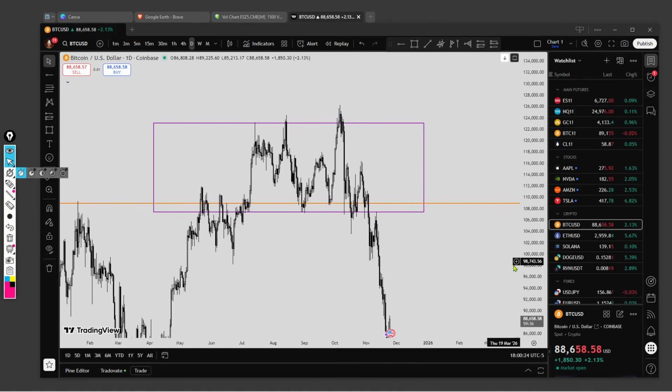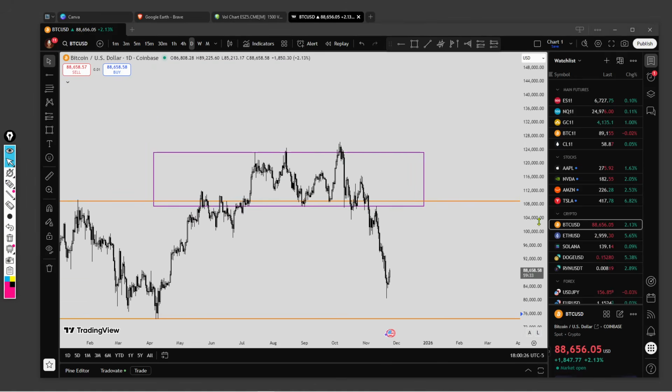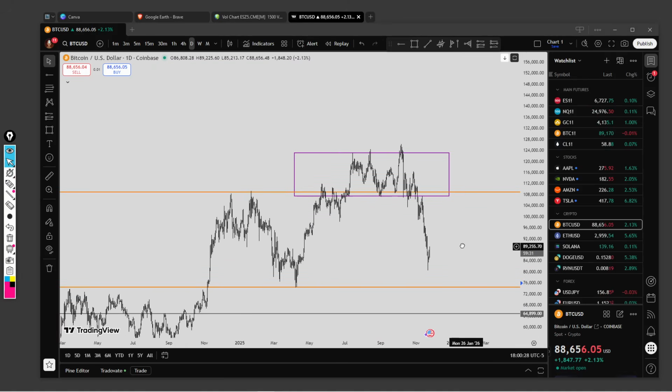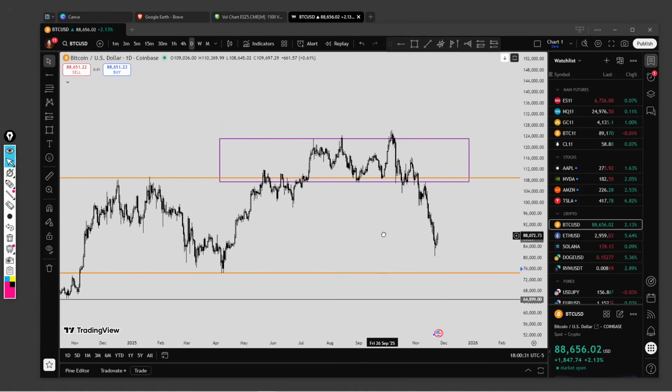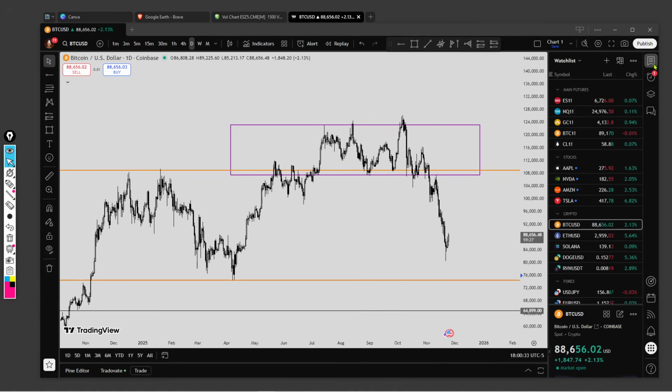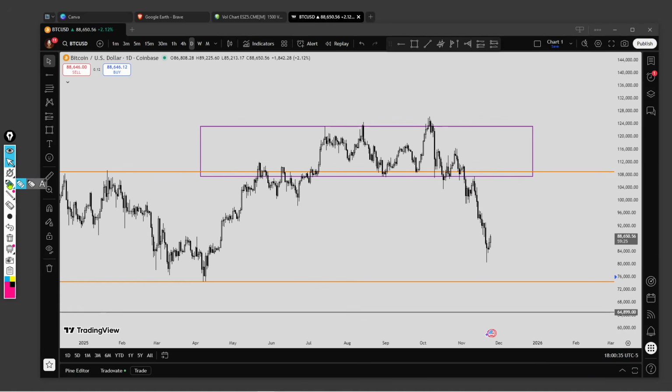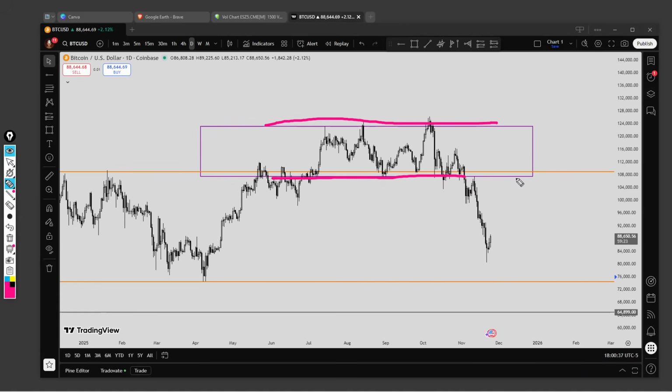And the beautiful thing about this is that my stop loss will be, let's say we have an auction here, and then we broke away from it, and then we retested it right there, and we're selling.